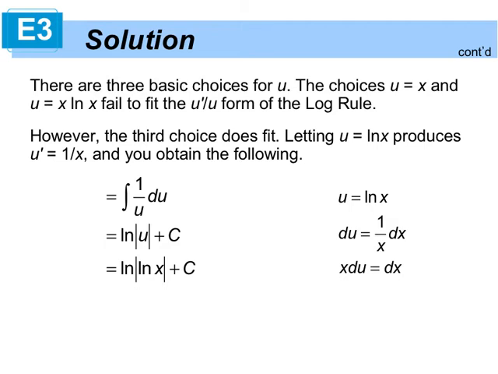You choose u to be the natural log of x, therefore du is 1 over x dx, because the derivative of natural log of x is 1 over x. Solve for dx and you get this. Conveniently enough, x cancels with the bottom, and we get back to your old friend, the integral of 1 over u du. The integral of 1 over u is the natural log of the absolute value of u. You sub it back in and you get this cute little answer of the natural log of the natural log of x.